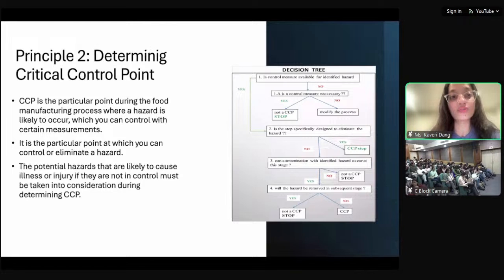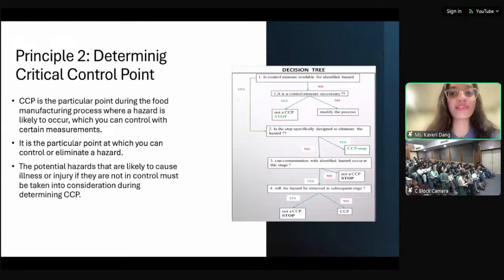There is a decision tree that you can refer to. Is a control measure available for this identified hazard? If no, then is this control measure necessary? If yes, is it a CCP? If it's not a CCP, then you need to stop. If there is no control measure or the control measure is not necessary, then we need to make some tweaks and modify the process.